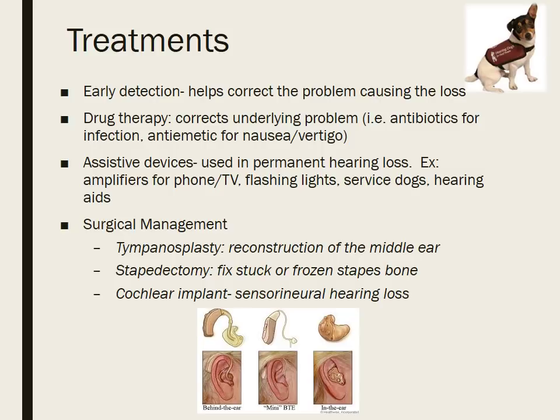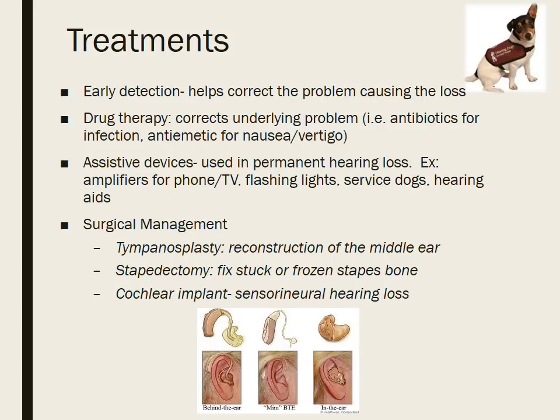They can also get amplifiers for their phone to help to increase the volume. It allows the caller then to speak in a normal voice, because if you've ever called somebody with hearing loss, sometimes you have to shout, and that can be really challenging. Some phones too have a video display, so they'll type out the words that are being spoken by the caller, so they can read that instead of having to try to hear.